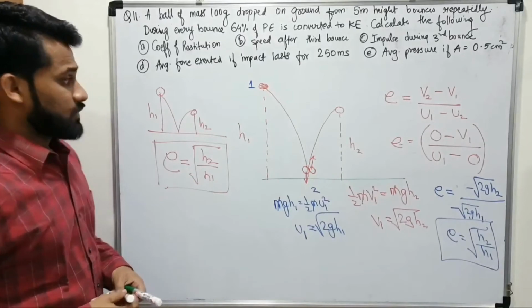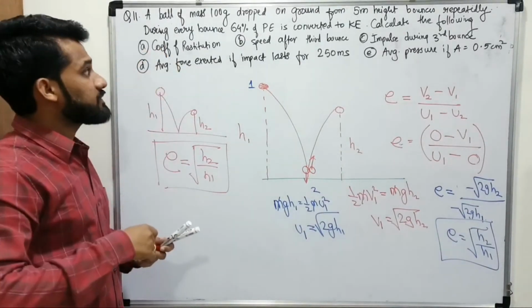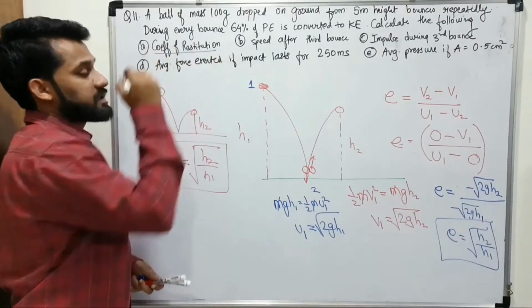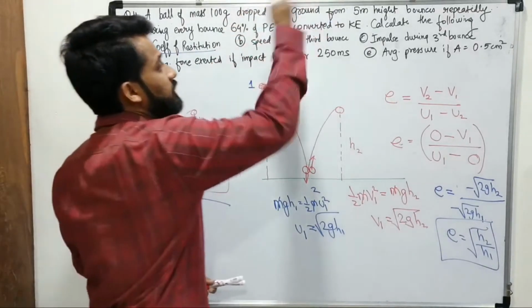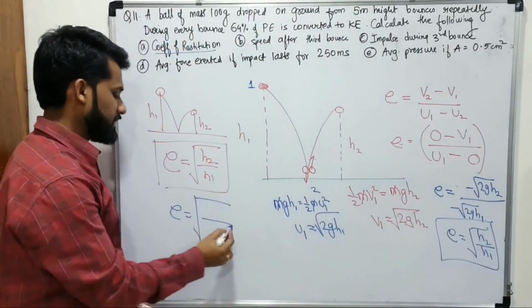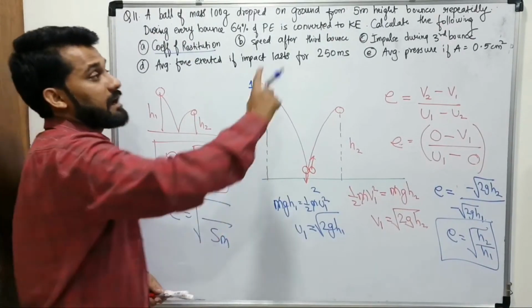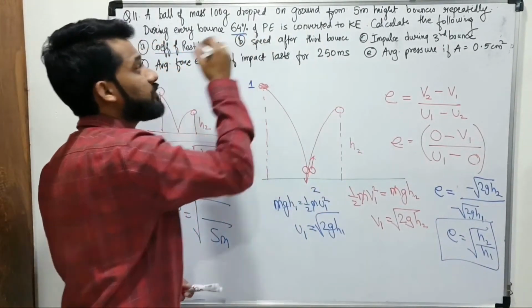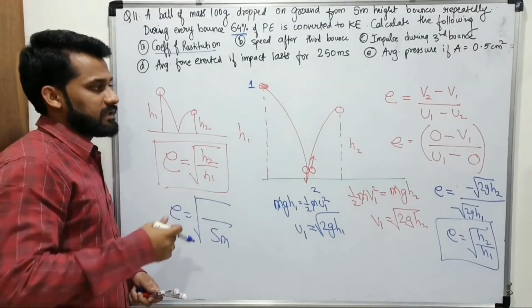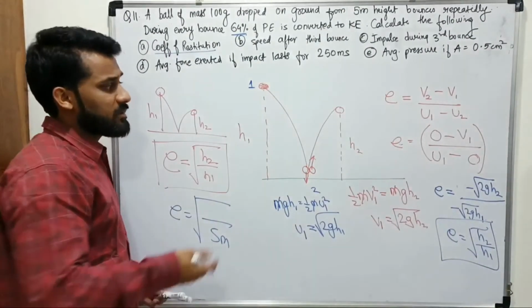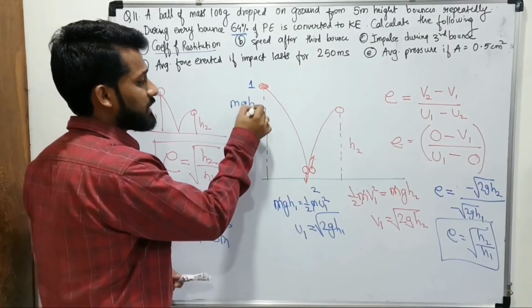Right? So in this question, the first part was to calculate the coefficient of restitution. So what will be the answer? Under root. Before the collision, it was released from 5 meters, and after collision it loses 64% of its energy. If it loses 64% of energy, it will lose height by 64%, because the energy is only mgh potential.